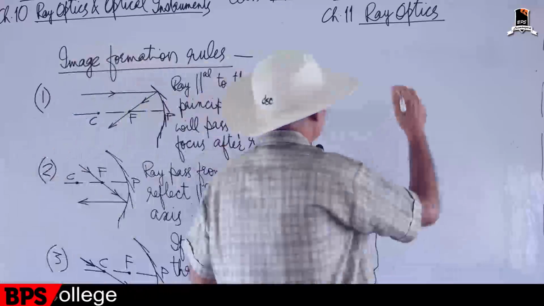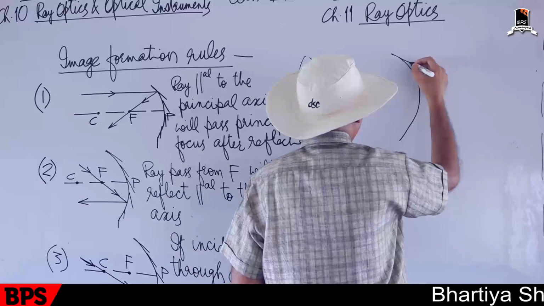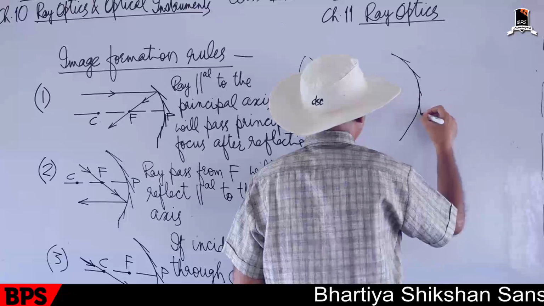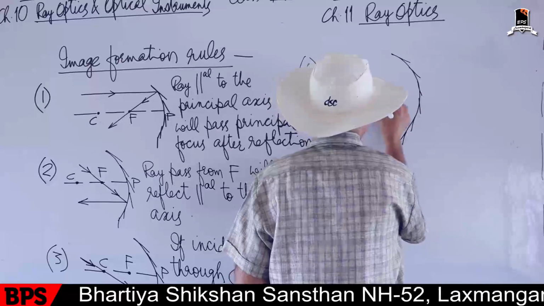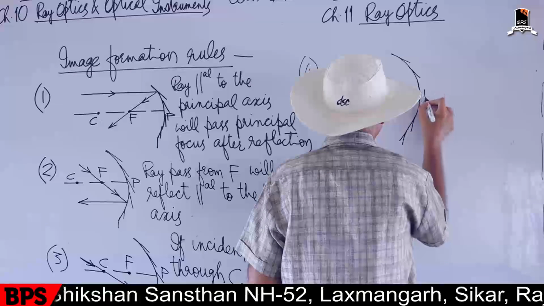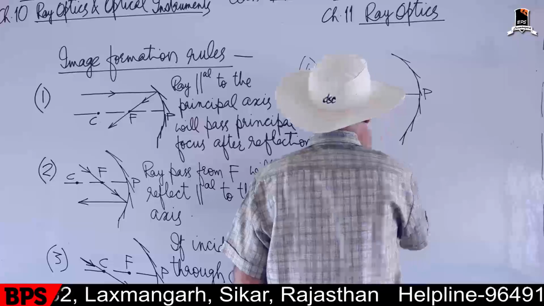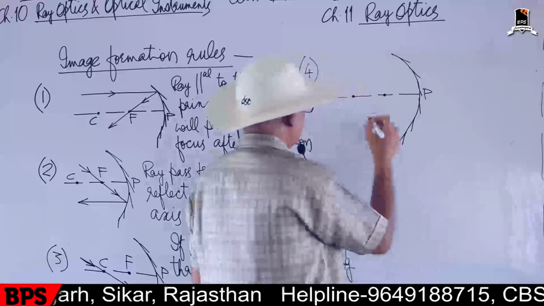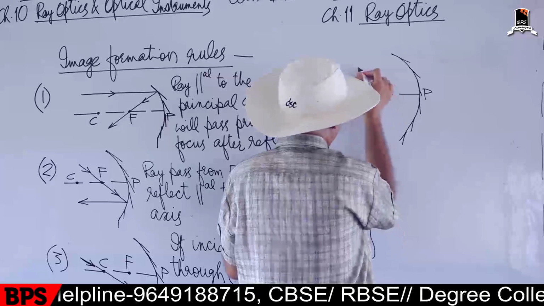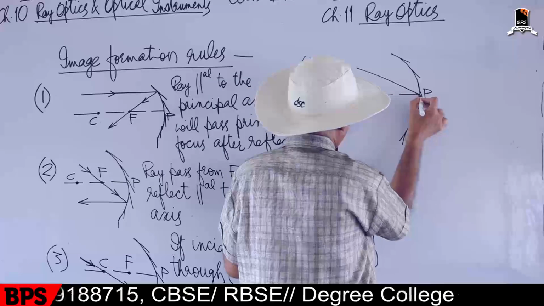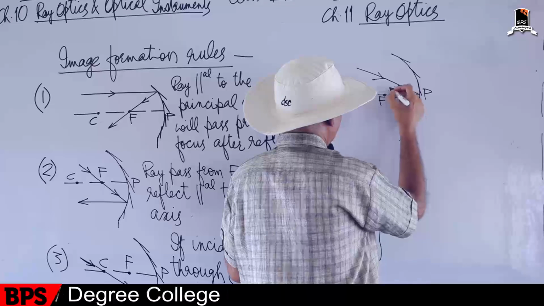So, say this is our concave mirror and this is the principal axis, this is pole, this is focus, this is center of curvature, some ray is incident directly on the pole, this is the incident ray, say this angle is i.